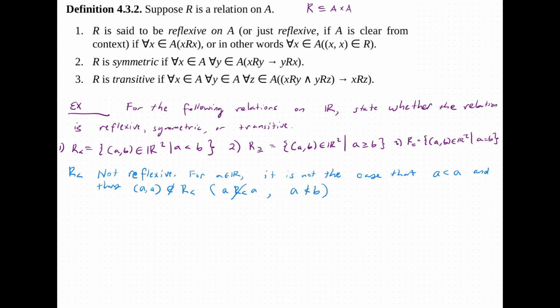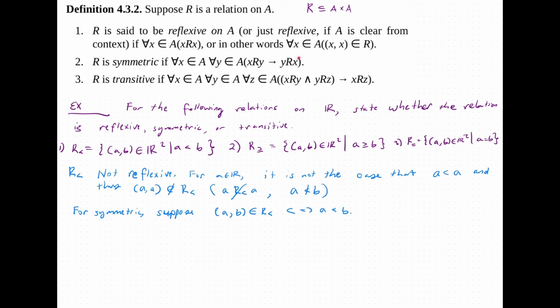Now the thing about symmetric is that we are assuming that it is the case that x R y. And so for symmetric, suppose, and so we have to assume that a comma b is in R less than, or equivalently, a is less than b.